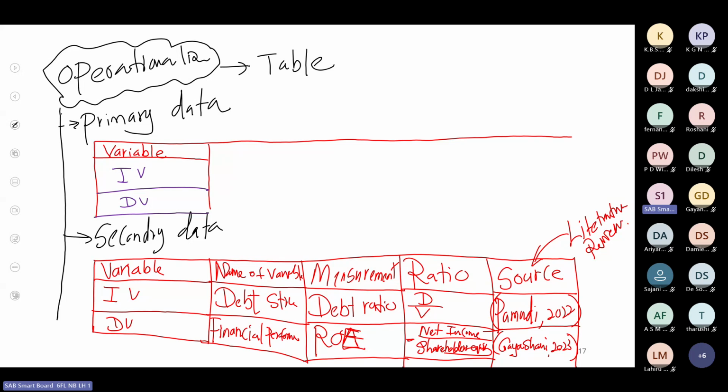We know the same research topic can be done with either primary or secondary data. Name doesn't change. Name of variable: debt structure, and the other one, financial performance.